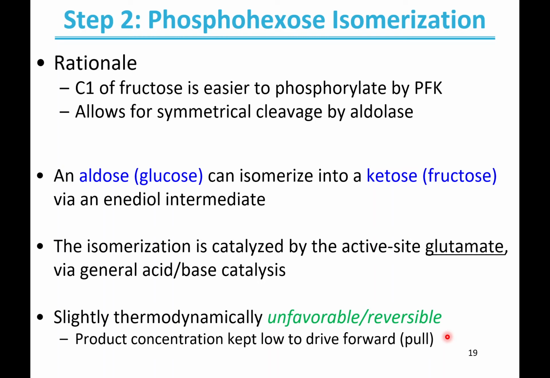One is, and this is basically Le Chatelier's principle, you can overload the reactant concentration, keep the reactant's concentration high, which will push the reaction forward, or you can take away the product and keep that concentration really low, and that's known as pulling the reaction forward. In glycolysis, many of these reactions, the products are kept really low, which pulls it forward. So that'll be a common theme that we'll see more.